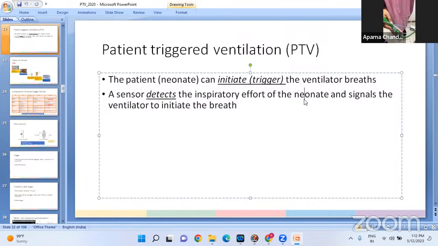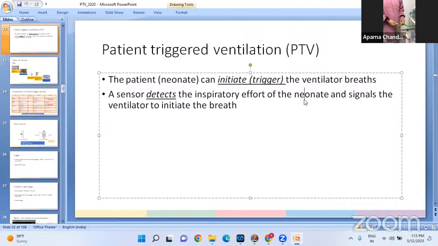So why do we have temperature measured at 2 points? This is because when the gases exit from the heater humidifier chamber, they exit at 37 degrees and 100% relative humidity. But during the transit, when they move in the room temperature, they can actually technically lose temperature.